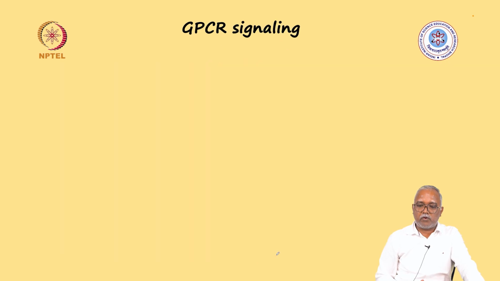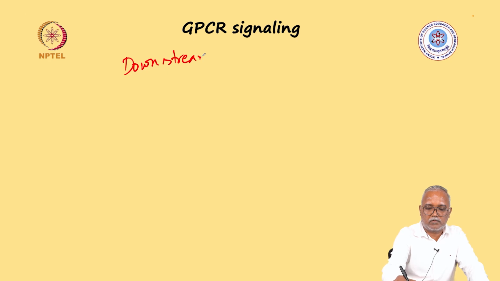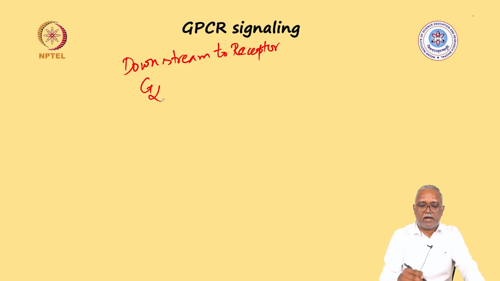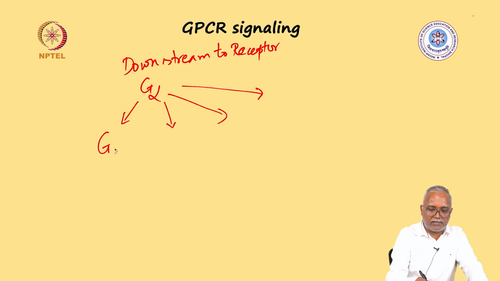Now if you think about the signaling moving forward, downstream of the receptor, you will need G-alpha recruitment. I told you this G-alpha is of 4 different types. One of them is called G-alpha-S, I already told you.